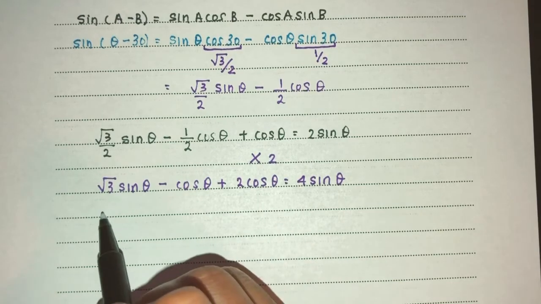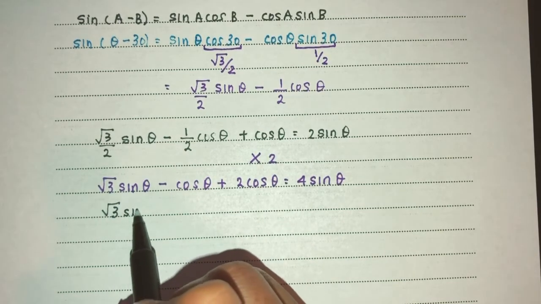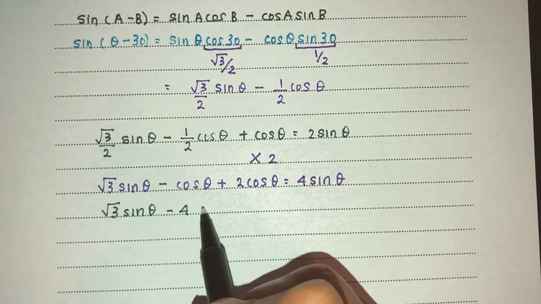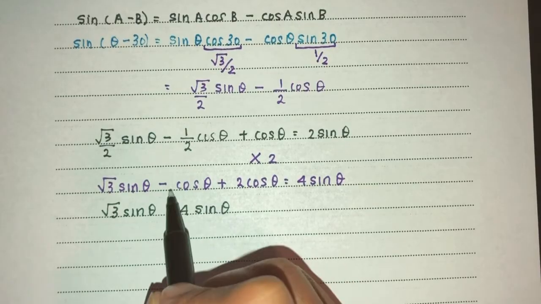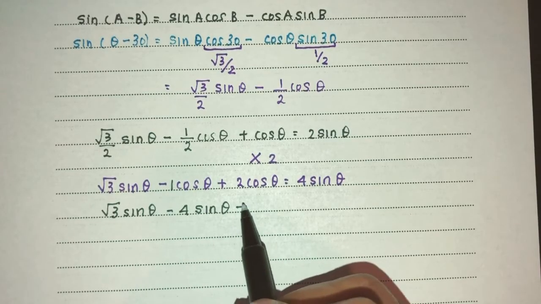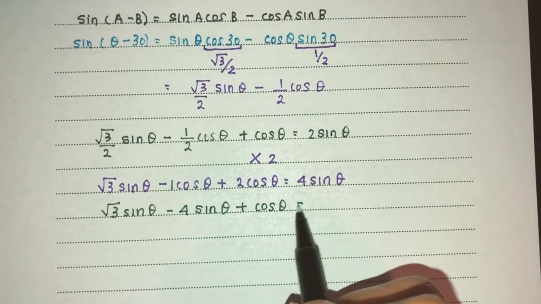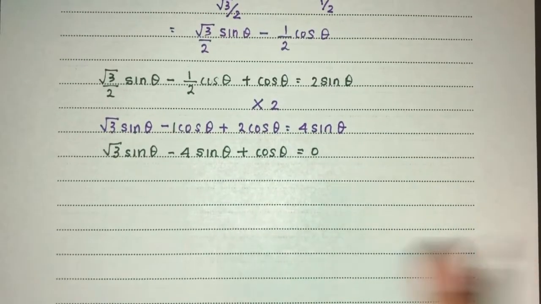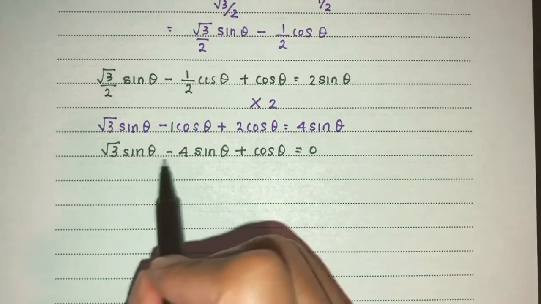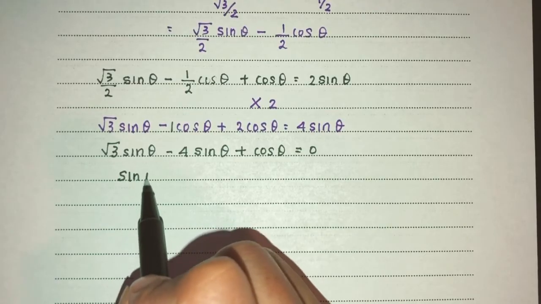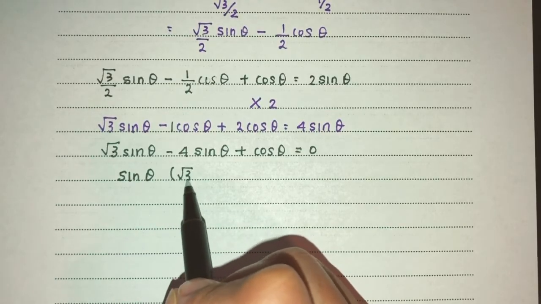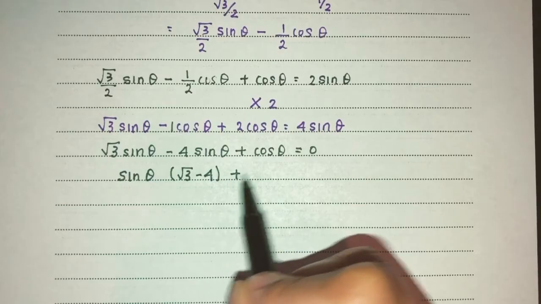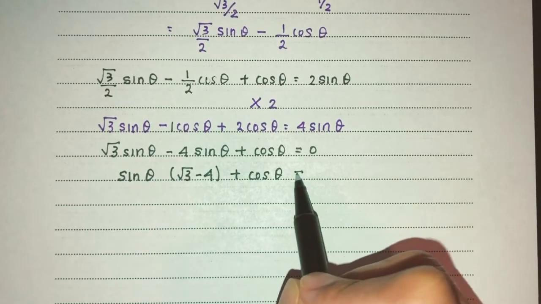Here you will have root 3 sine theta minus 4 sine theta. For the cosine, minus 1 plus 2 will be plus 1 cos theta. We can factorize the sine outside: sine theta times (root 3 minus 4), plus cos theta.